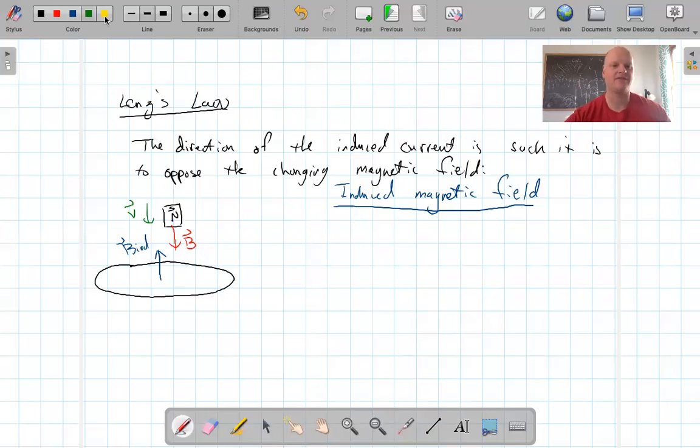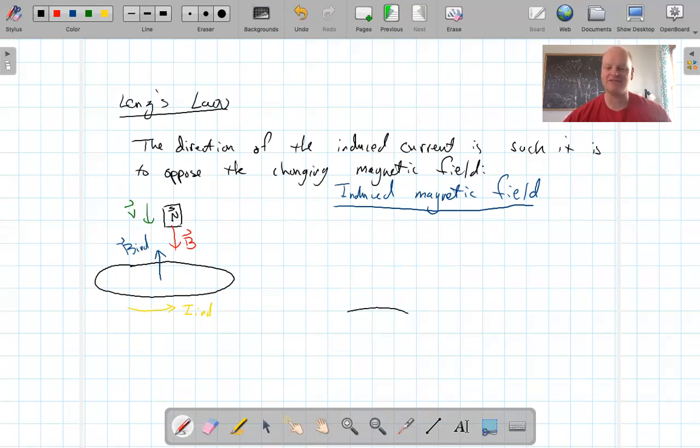So here, I'd have to have current then flowing in this direction. So this is going to be my induced current to induce this magnetic field, which is then actually happening because I'm inducing an EMF, which is causing the charges to move in this direction to induce this current, which then induces this magnetic field. We'll have to use this term induce a lot.